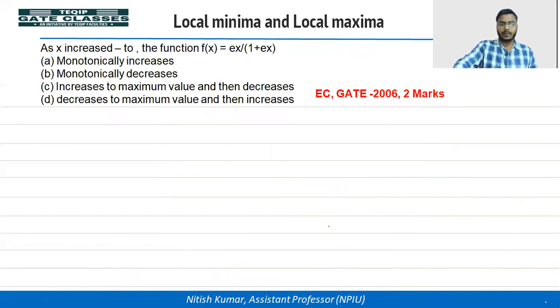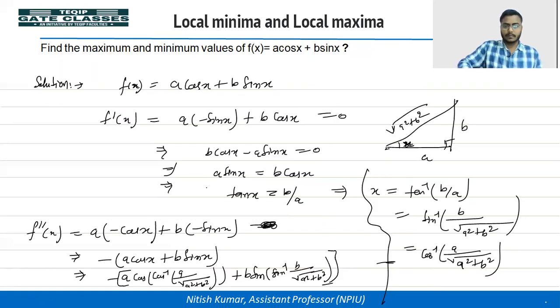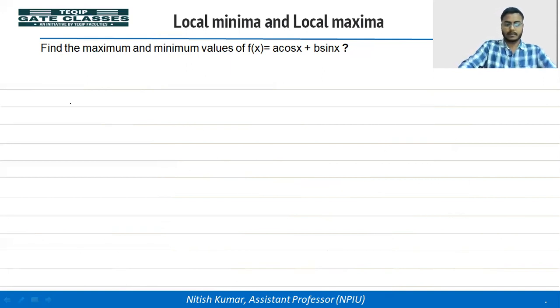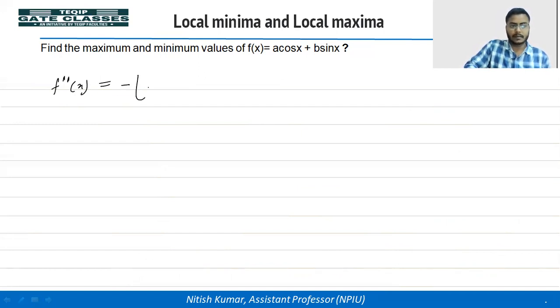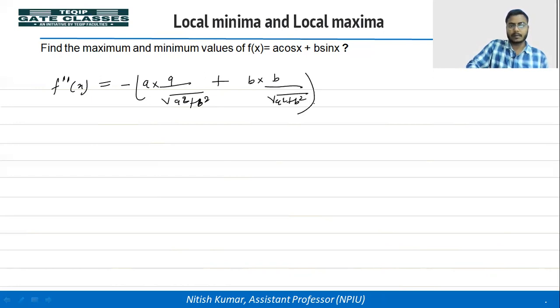So finally, what you will get? Finally, you will get that f double dash x is minus a into a divided by root a square plus b square, plus b into b divided by root a square plus b square, right?